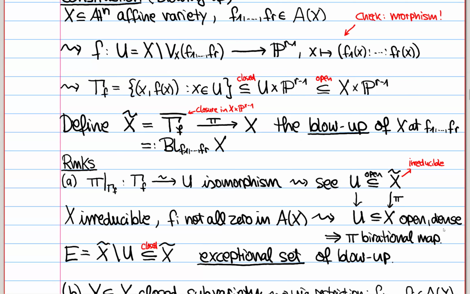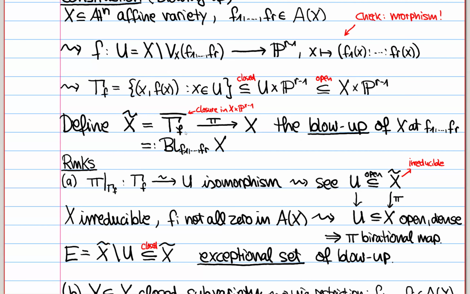And then the claim is that the x tilde is also irreducible, right? Because the gamma f is isomorphic to U, a dense open subset of an irreducible space, which is also irreducible.